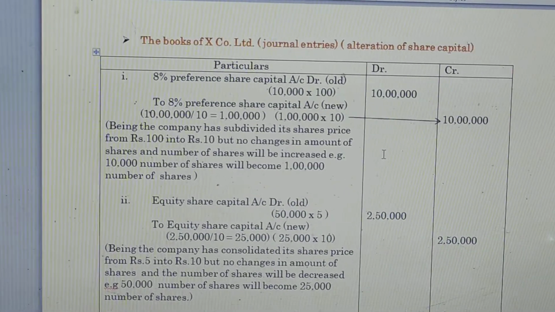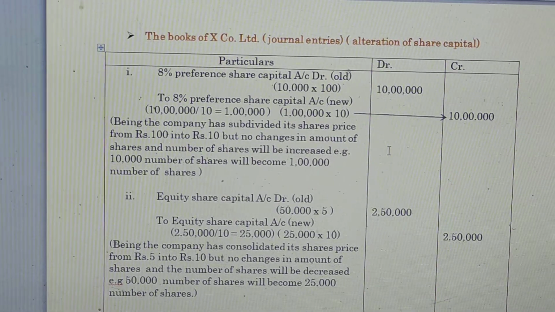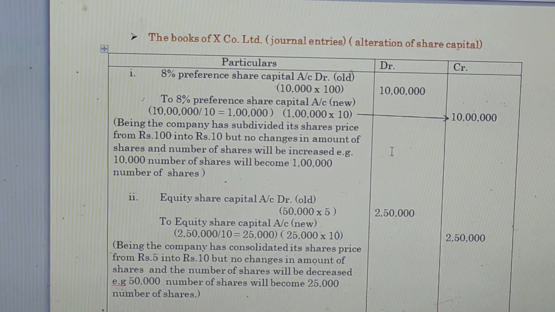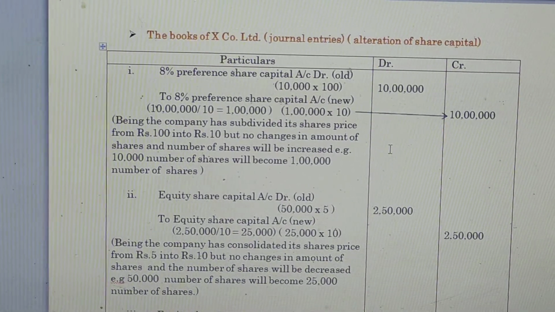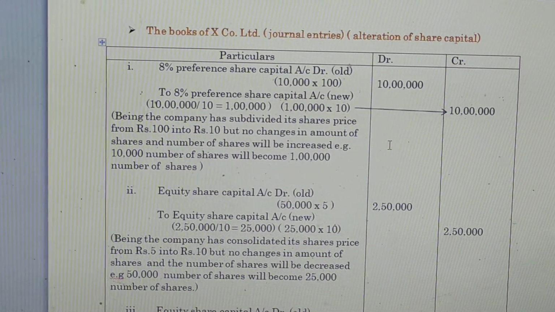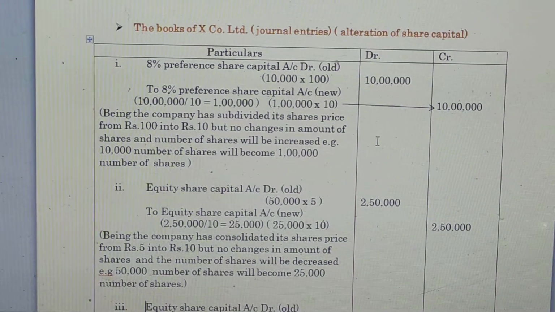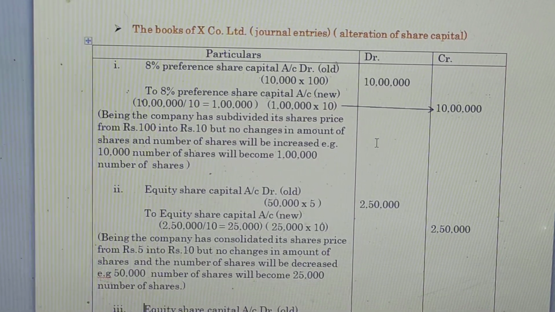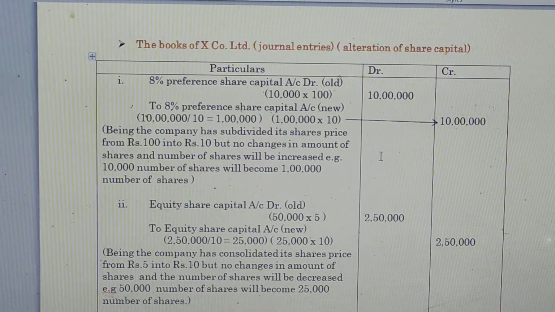In narration: being the company has subdivided its share price from rupees 100 into rupees 10, but no change in the amount of shares, and the number of shares will be increased. For example, 10,000 shares will become 1 lakh shares.